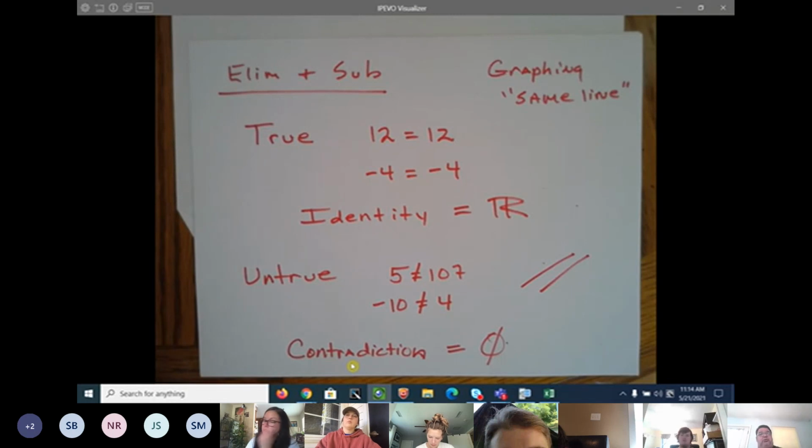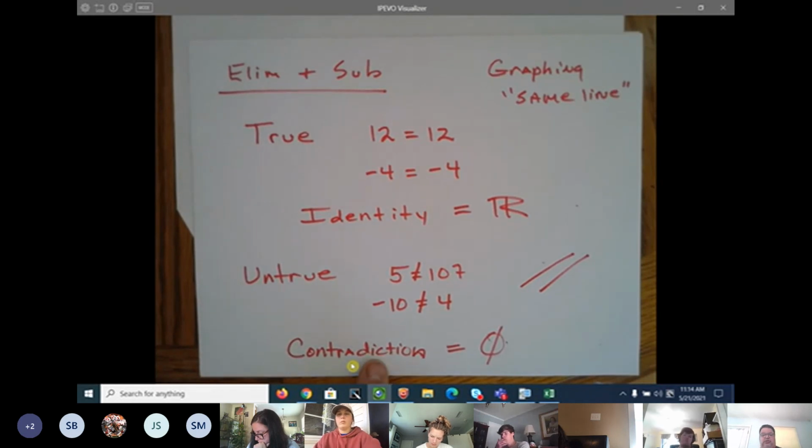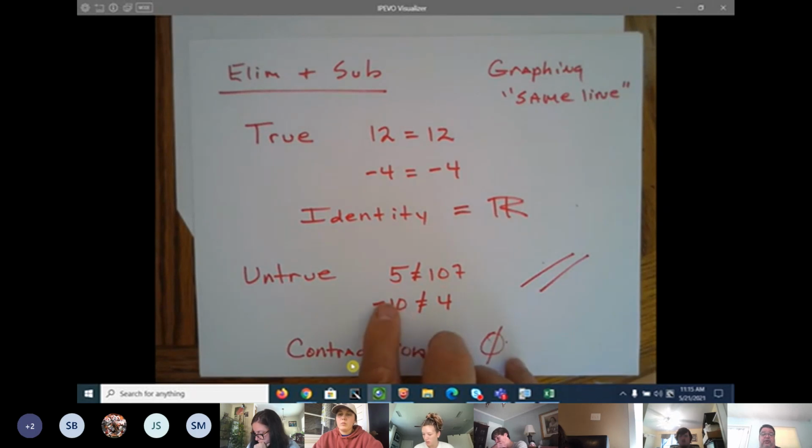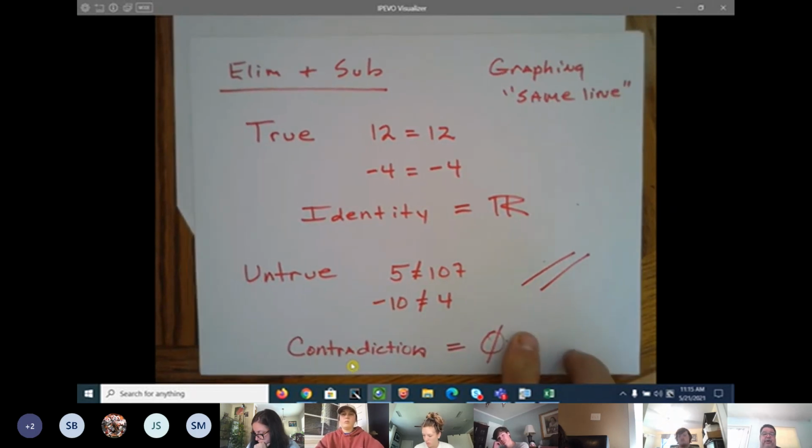Now, every once in a while, since your questions regenerate and they make different numbers, you might come up with one that has some crazy number equal to 6. And that would be a contradiction. Check with your graphing and see if you have parallel lines, because if you did it mathematically correct and you get something funky, then that means no solution if you did everything correct.